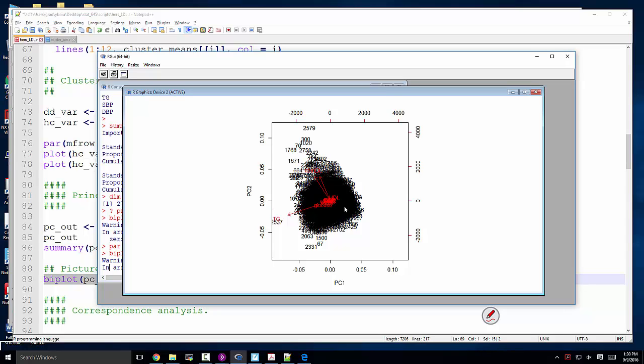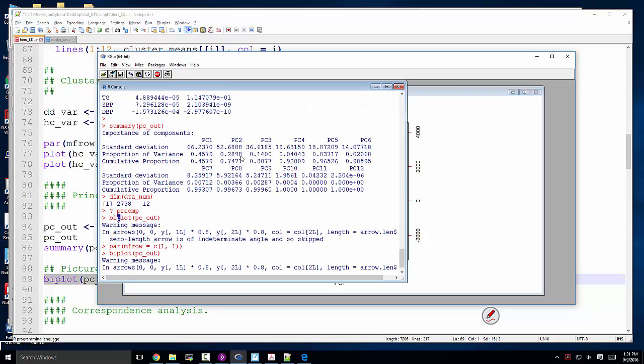Part of what that would tell me is there are no really major gross differences among the individuals. They're fairly homogeneous, even though we can spread them apart to the tune of 50% variance explained. The second principal component explains a pretty good amount, 29%.